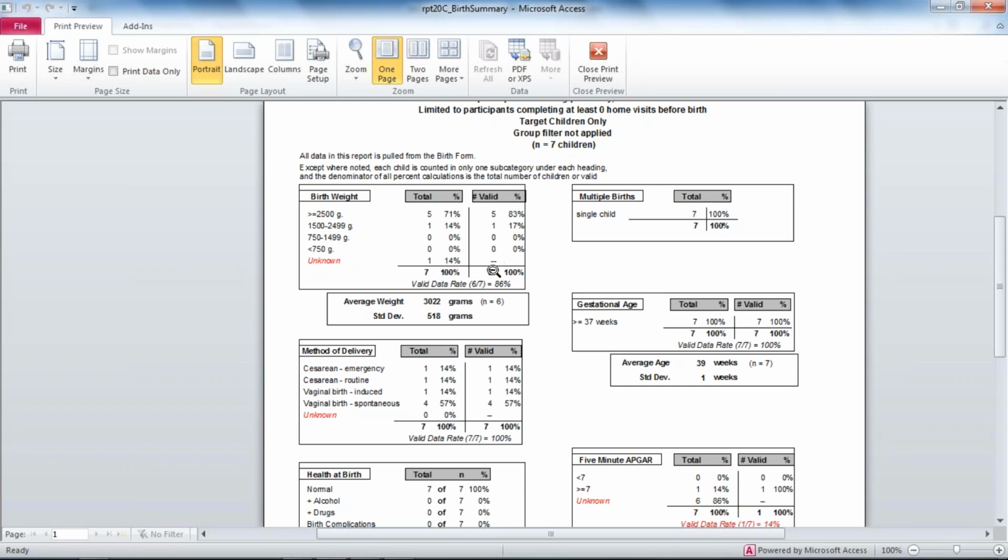You would report that of 6 children with data, 5 were 2,500 grams or greater, and that's 83% of the prenatal children participating in that quarter, or born in that quarter.